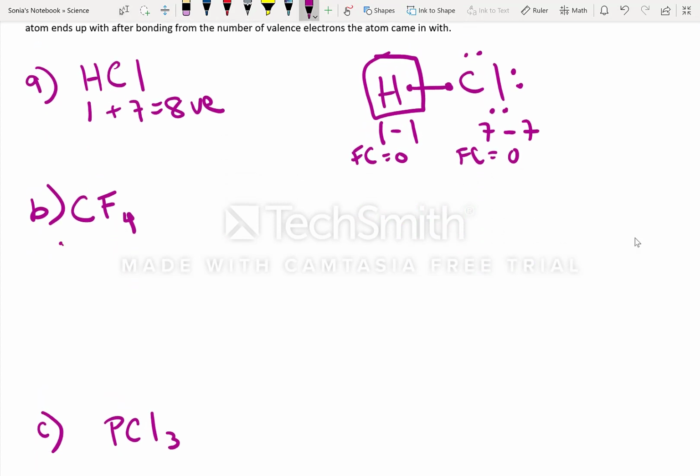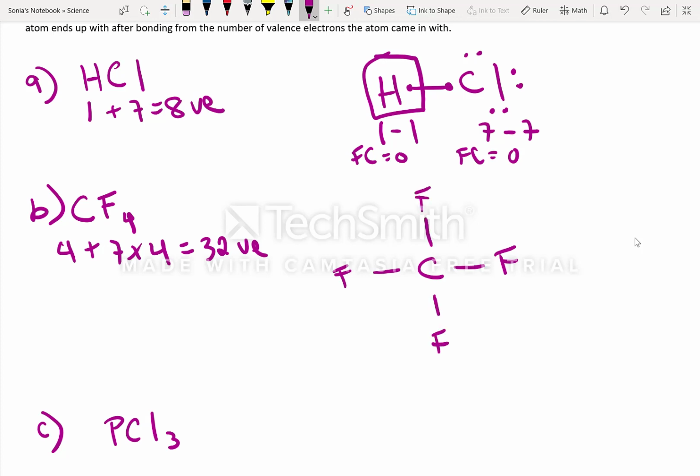Carbon has 4 valence electrons plus 7 for fluorine times 4 because it's got 4 fluorines, which would equal 32 valence electrons. Now we can draw our structure. We can subtract the number of electrons in the bonds from our valence electrons to see how many we have left over.